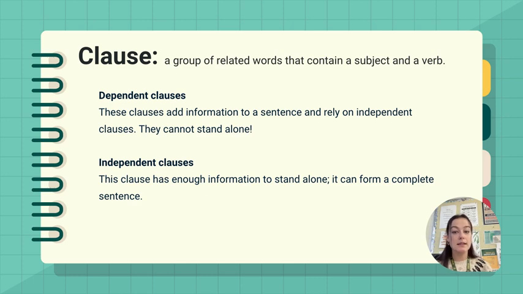Sometimes independent clauses will have extra information to make an even more complex sentence, but an independent clause on its own could also function as a sentence. So the difference between the two is that dependent clauses cannot stand on their own. They require further information to make a complete sentence. And independent clauses can stand on their own, and they do not necessarily require further information to make a sentence complete.